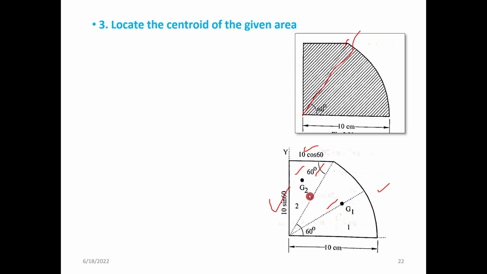And G2 should be measured from this 90-degree corner, and we have the G1 measured from the centroid portion. So now we can club all these values and find the centroid.